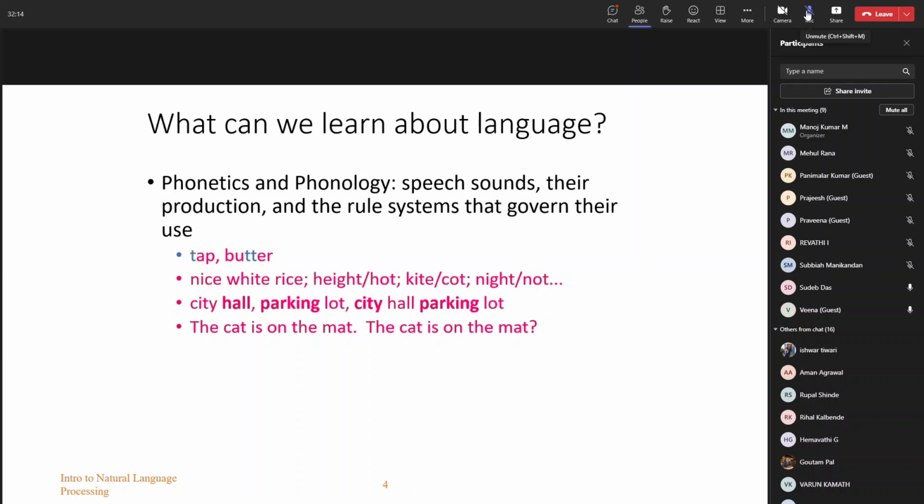If that particular pattern is put in a proper order, we will know it is white rice and it is good. A proper pattern means the proper order in which we have to put the words. Generally that is phonology, and phonetics is how we are pronouncing the sentence, right?